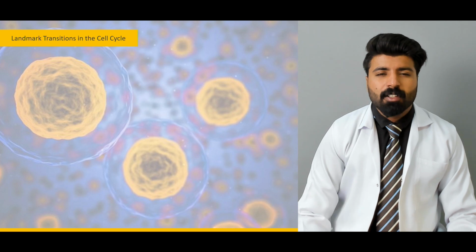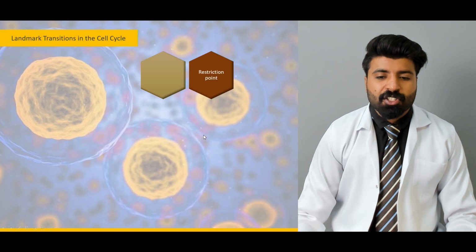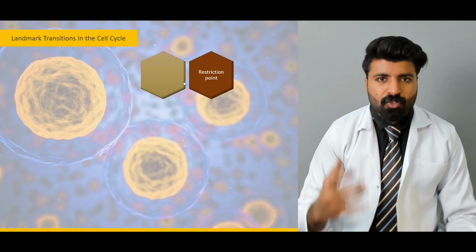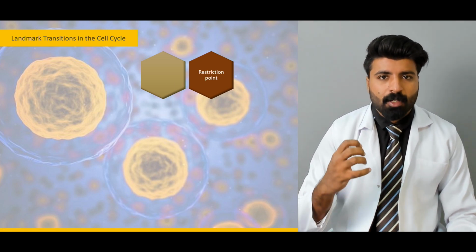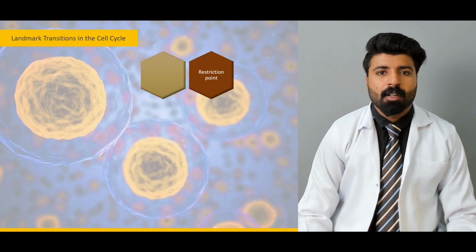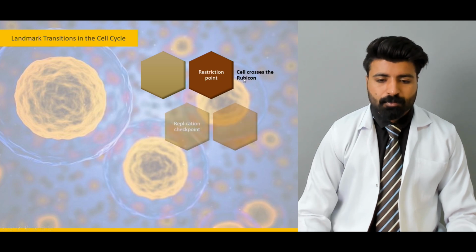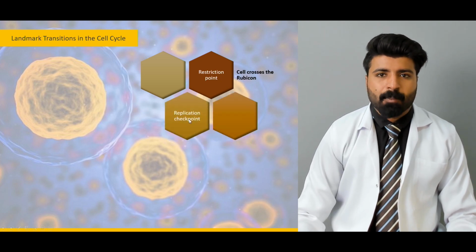So what are the landmarks? You know the landmarks already. First of all, restriction point. We just talked about G1 stage, the restriction point at which all of these P53s and retinoblastomas are working together. So in this, the cell crosses the Rubicon. Next on, we have replication checkpoint.